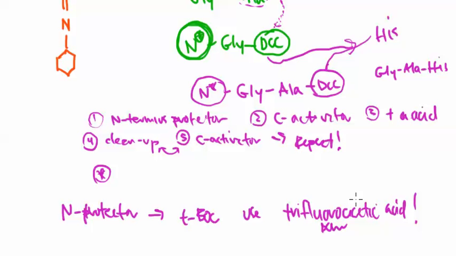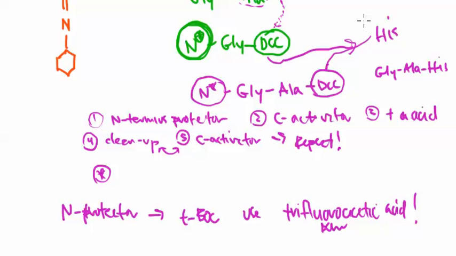It won't break any bond except for the N protecting bond, and we get some byproducts that come from it. If you want to know what this reaction looks like, it's in the text. It will show you the mechanism that's there. Again, that's not something that we're going to be focused on, but you do have to remove that N-protecting group. That way you can have a true N-terminus on your protein at that point.